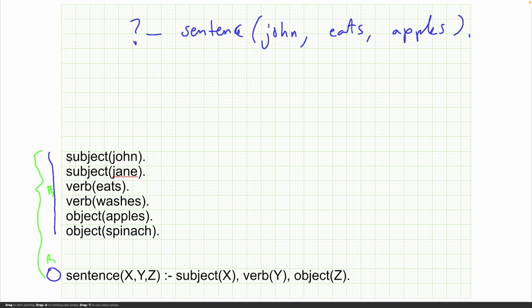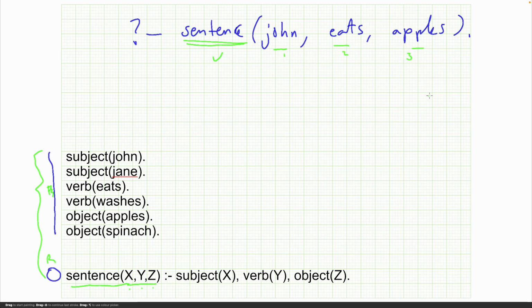Well, the rules on their own don't help because they're about subject, verb and object, and this is about a property called sentence. The rule here does match because it's got sentence and three parameters X, Y, Z, and this is of that form. The property is sentence, which matches, and there are three parameters, 1, 2, 3.